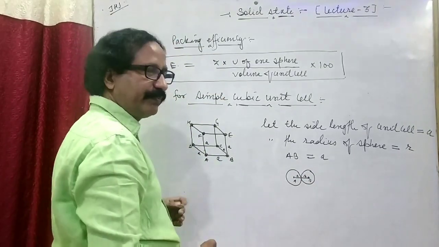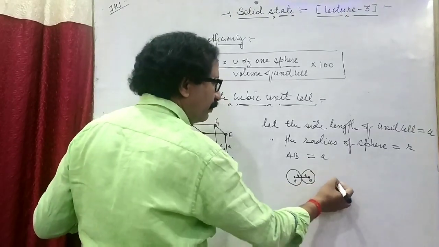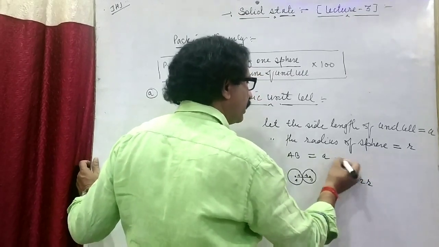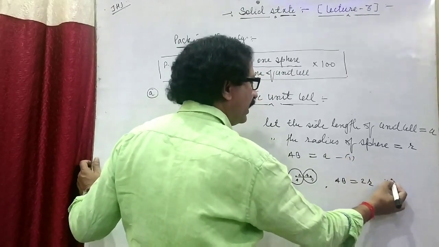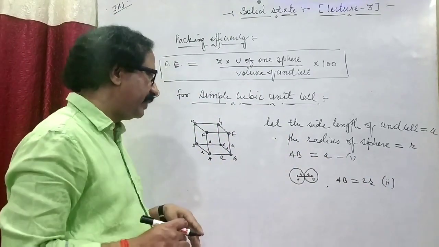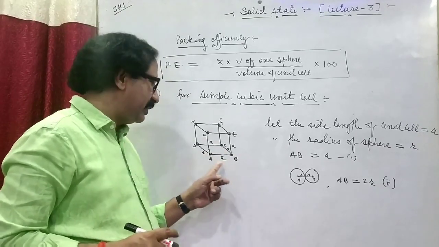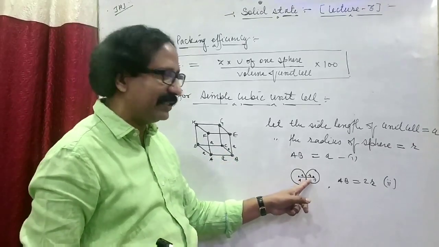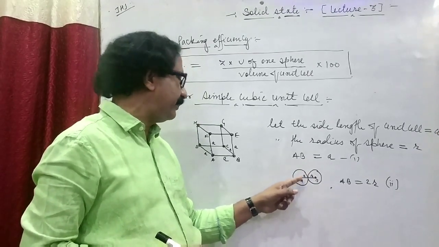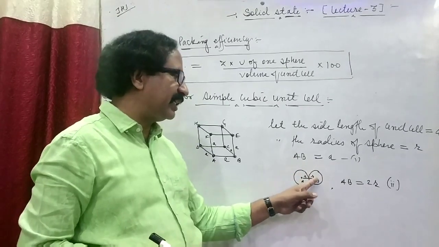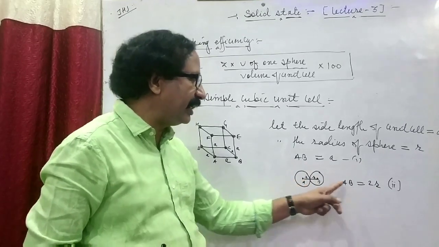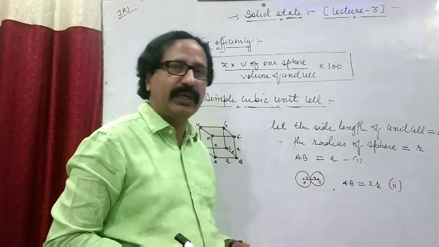Then according to packing, AB must be equal to 2R. Equation first and equation second. This is according to side length A, and according to the packing concept, spheres A and B are both packed like this. If we connect the centers of both the spheres, then AB is equal to 2R.